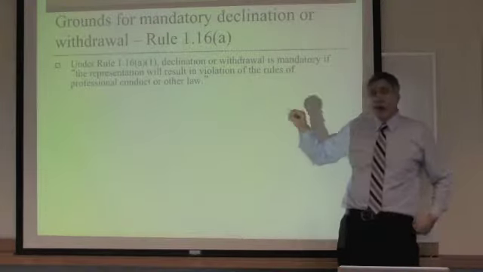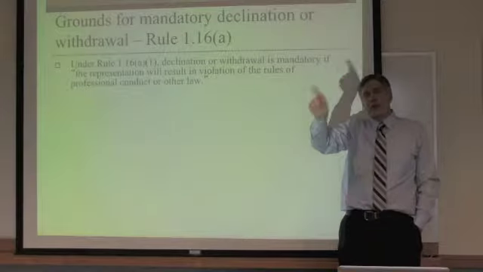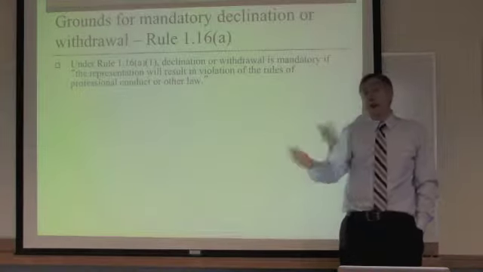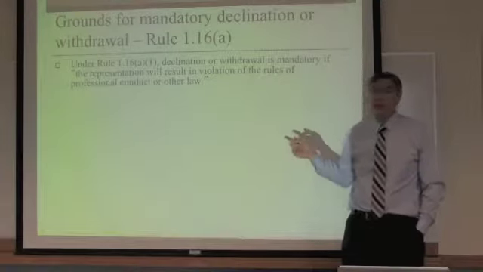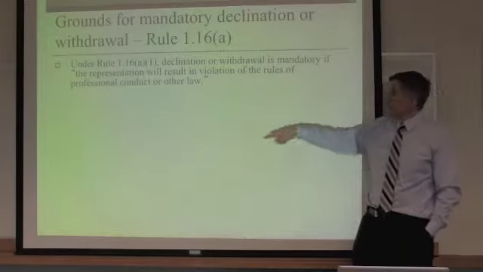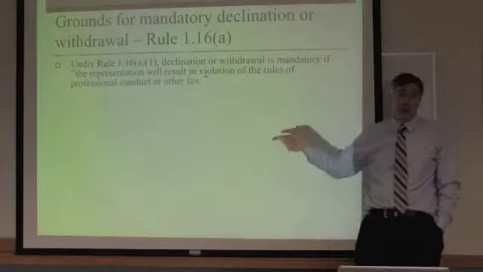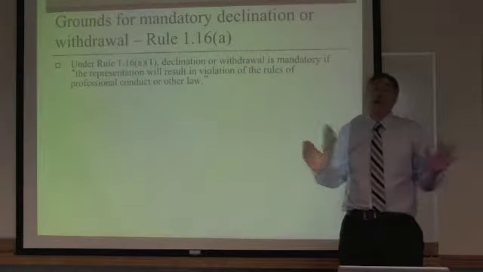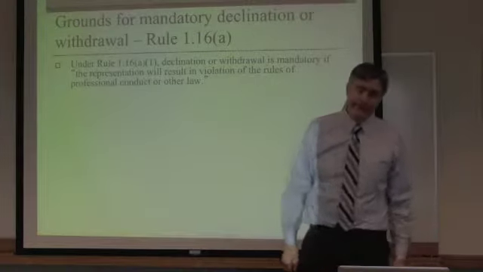But that same degree of certainty we saw when we interpreted the word knows also applies to will. This is not speculation, this is virtual certainty. If you know that this representation will necessarily result in violations of the rules of professional conduct or any other criminal or civil law, you must not take that case.